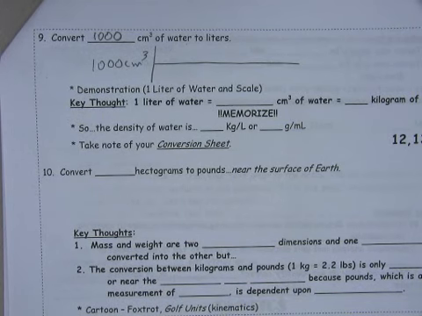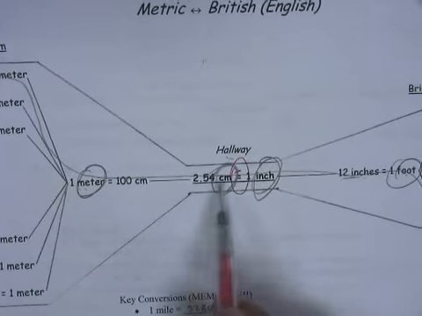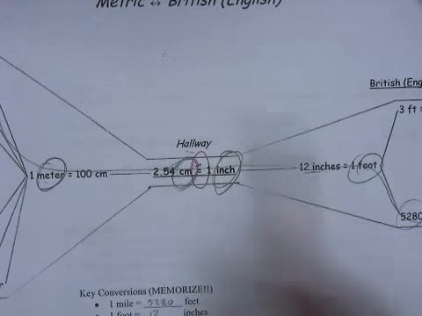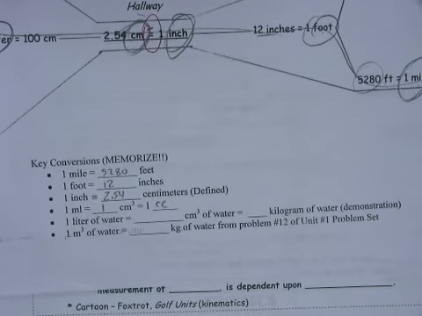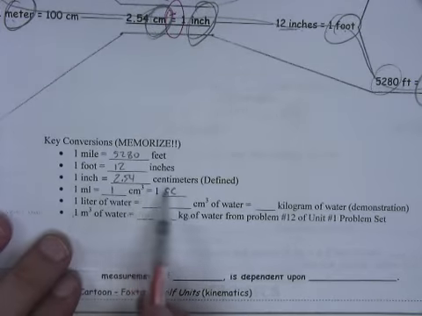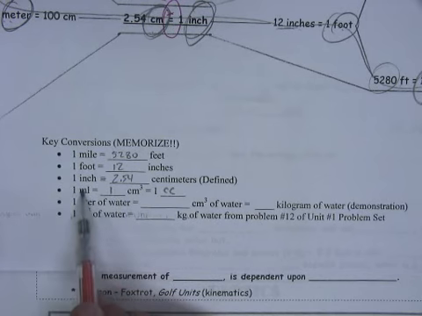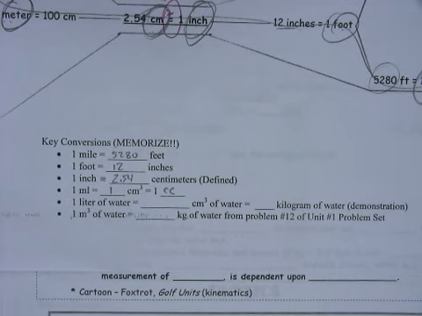The problem is, centimeters is on the sheet, but liters isn't in the rooms. So I'm starting out in the rooms, and I'm going out of the rooms, and when that happens, you need to know that these conversions at the bottom are going to help you out. We need to know that 1 milliliter is the same thing as 1 cubic centimeter, which is the same thing as 1 cc.